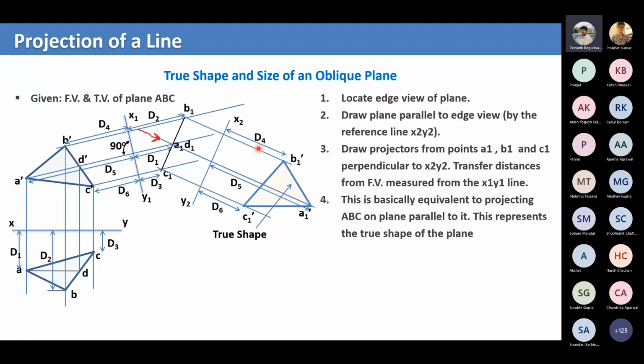You draw a perpendicular and extend it, and from B1 you take this distance D4 and mark the point B1 dash. Similarly for A1 dash, B1 dash, C1 dash, and now you join these points to get the true shape of the oblique plane. Any doubts in this? How to get the true shape of the plane? You'll understand this in further topics when we discuss why this is important to learn.